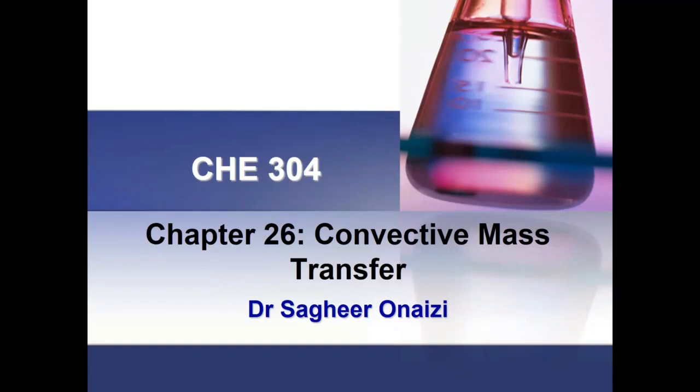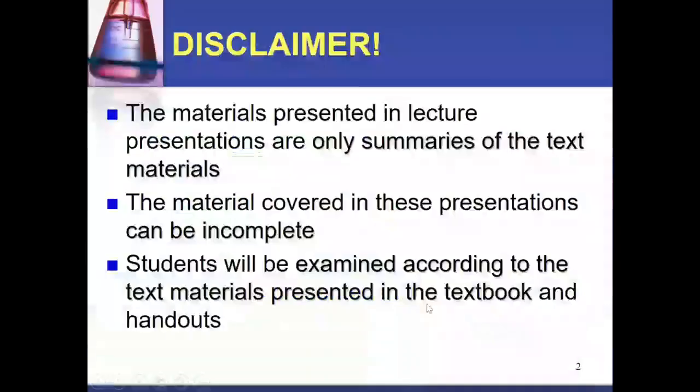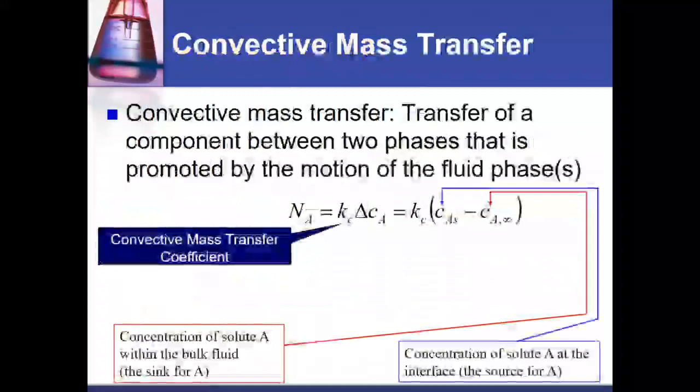And also we mentioned Kc as part of finding m, because m in chapter 25 was dAb over Kc times x1, and Kc is the convective mass transfer coefficient. So now the focus will be mainly on convective mass transfer, and you will see a lot of Kc. This is the one we discussed briefly before in chapter 24 and 25.